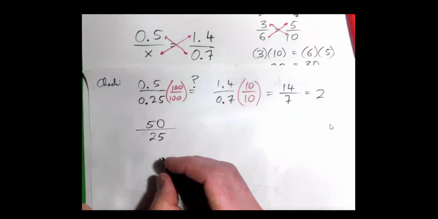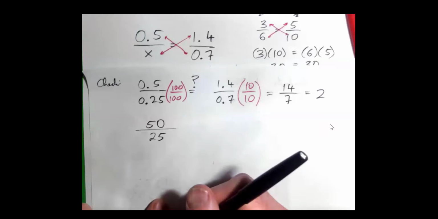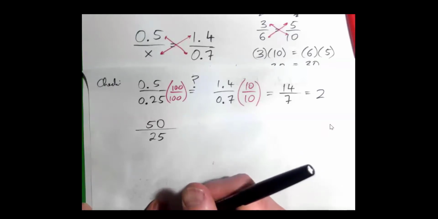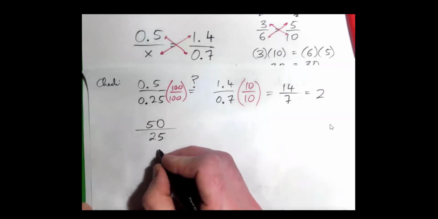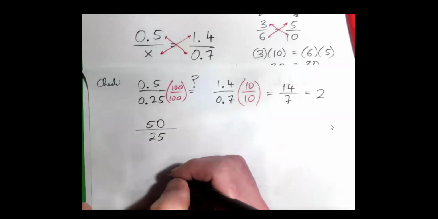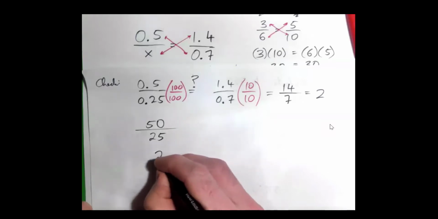What does this make? 50, it's a half. No, it's not a half. Try again. 25 goes into 50 twice. And so 2 over 1? So that's 2.